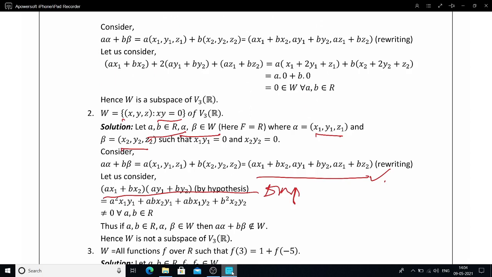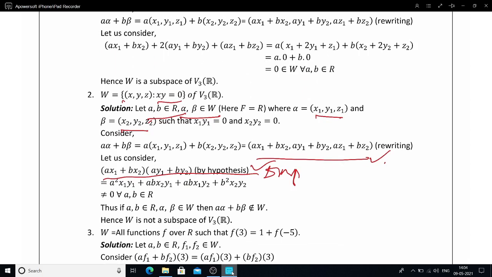Using the hypothesis, (ax1 plus bx2) into (ay1 plus by2). If you multiply these two, we get a square x1 y1, ab x2 y1, ab x1 y2, b square x2 y2. Whatever the values of a and b, we do not always get 0. Sometimes we may not get 0. That indicates it's not a subspace.